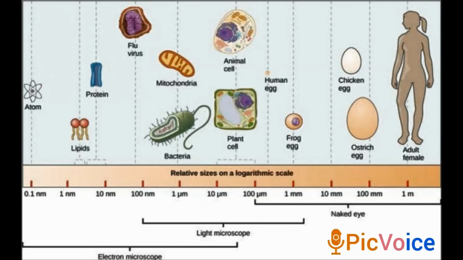Both the elephant and the rat have nerve cells. We all know the elephant is very big in size, and compared to the elephant, the rat is very small. But both have nerve cells, isn't it?